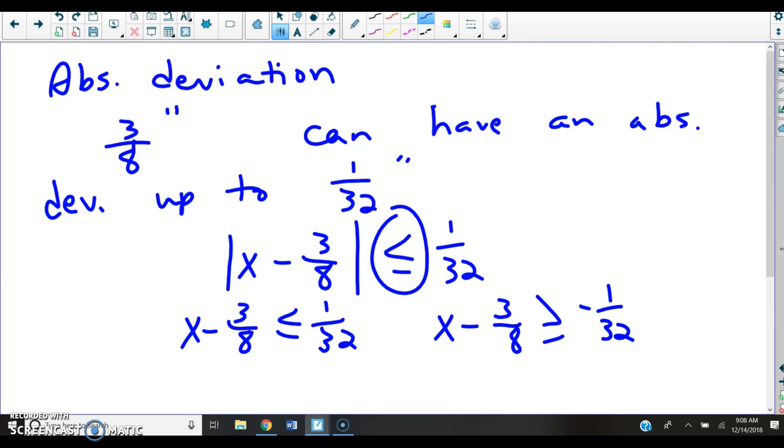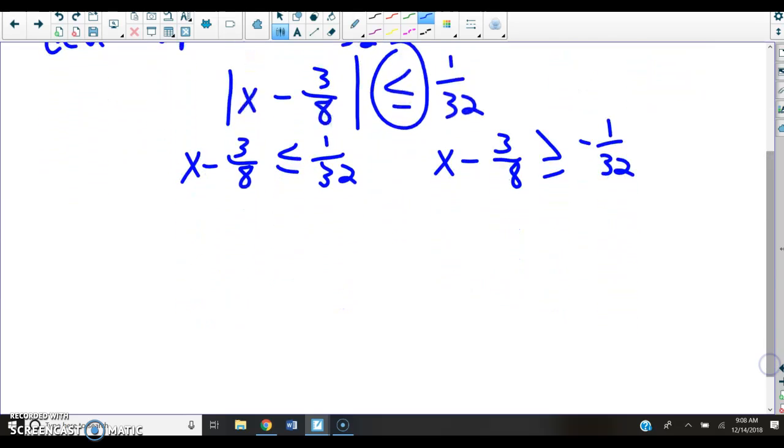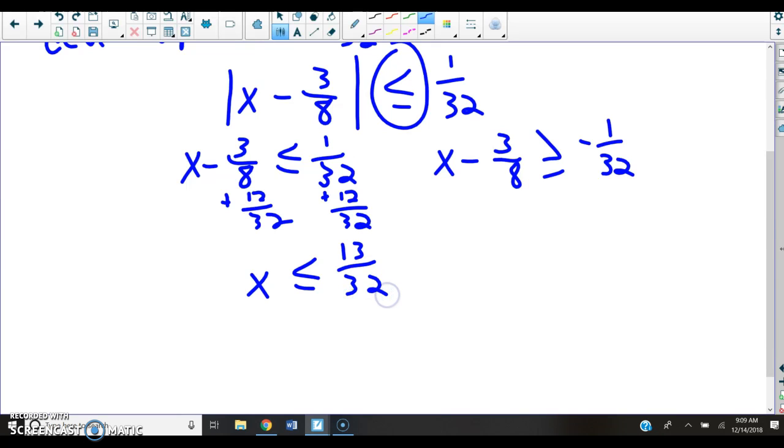And we did this on the previous lesson. So when I add 12 over 32 to both sides, so then my rope could be less than or equal to 13 over 32. And here when I add 12 over 32, I got common denominators is what I did.